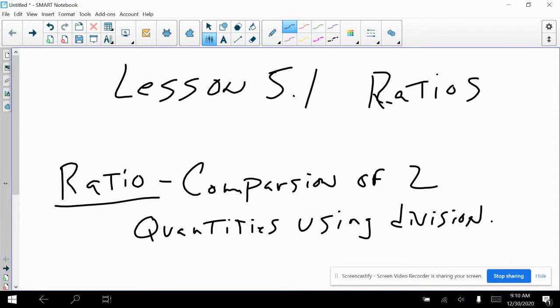A ratio is a comparison of two, I probably should put different quantities. I'm sorry, a comparison of two quantities using division. They are not different.